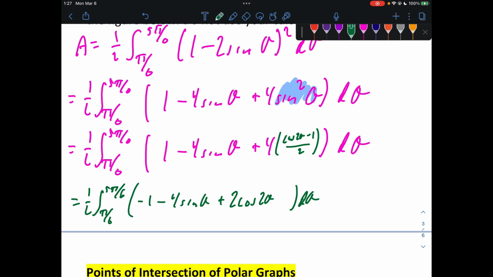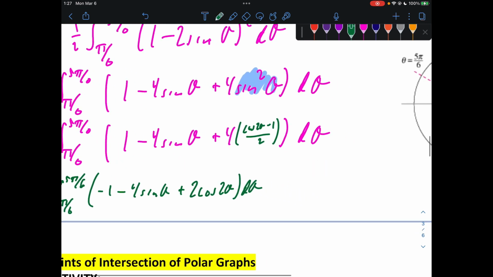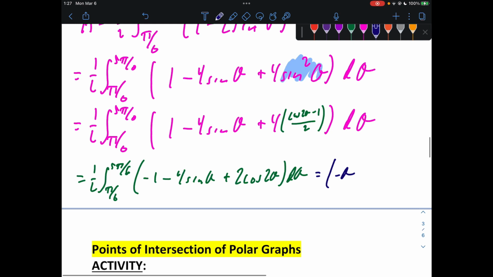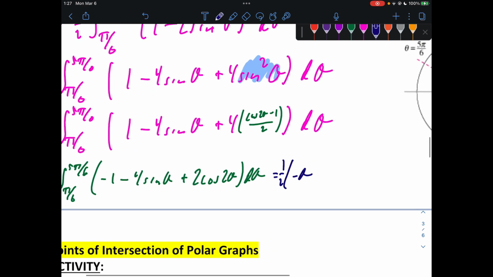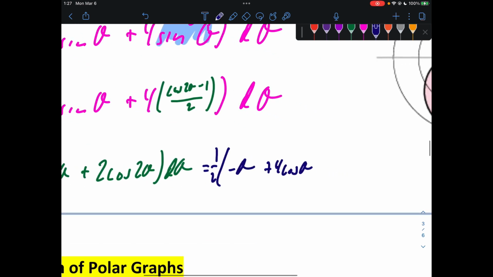Okay, and then if I integrate that, I forgot the 1/2 out in front there, times negative theta. Negative 4 sine, the antiderivative of that is plus 4 cosine. And the antiderivative of 2 cosine 2 theta would be negative sine 2 theta.